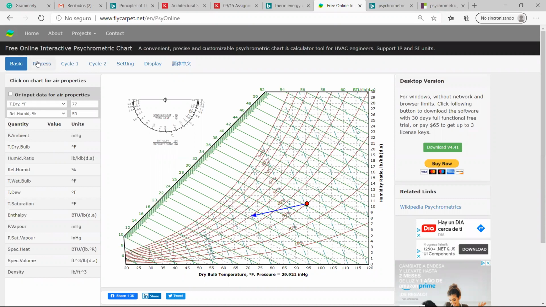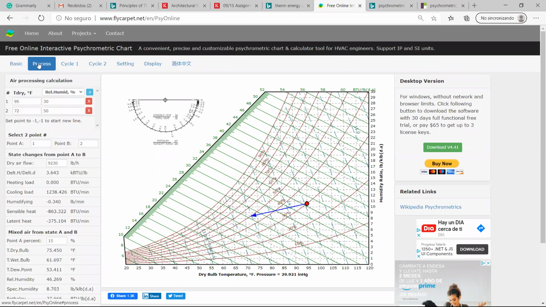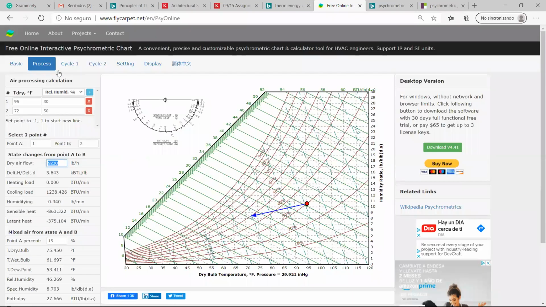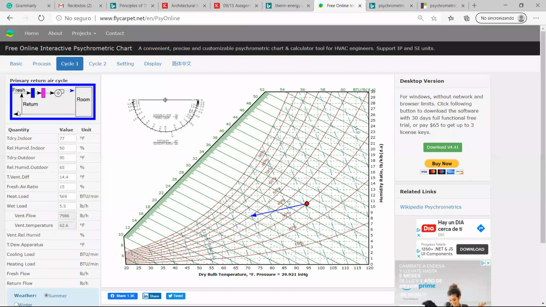Or you can go to process, and then we go from point 1 to point 2. We have to change the airflow, and then we have the heating or the cooling load. Is that all? No, not at all, because this tool is amazing. And look at this, we have the basic, we have the process, and we have cycle 1. Okay, so using cycle 1, look at this.